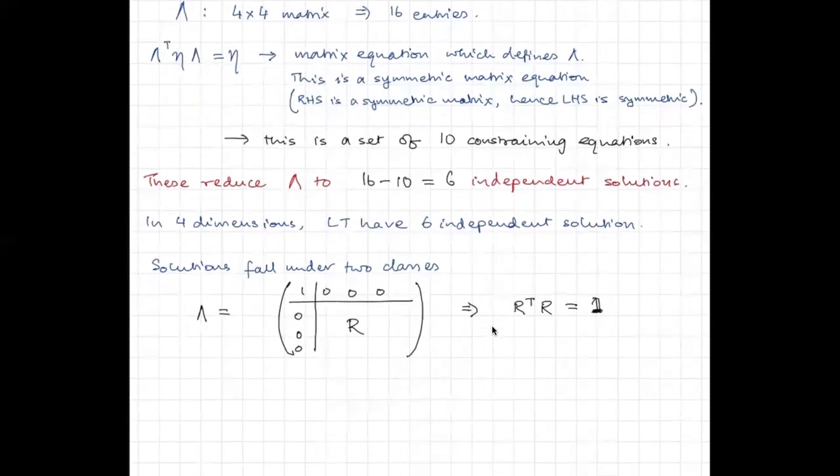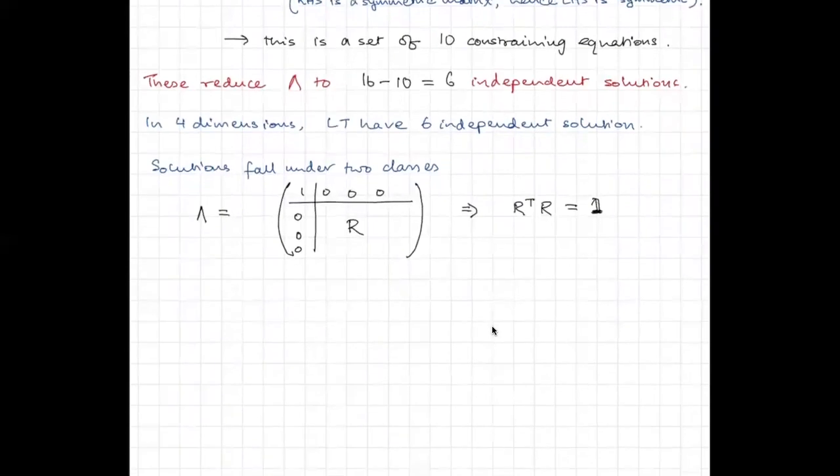And these are, as we expected, just R's, rotation matrices in 3D, which is our well-known and loved SO(3) rotations. So this is class 1, if you wish.